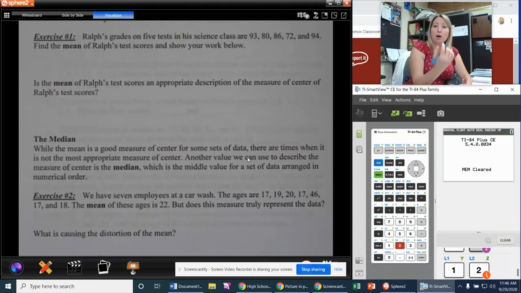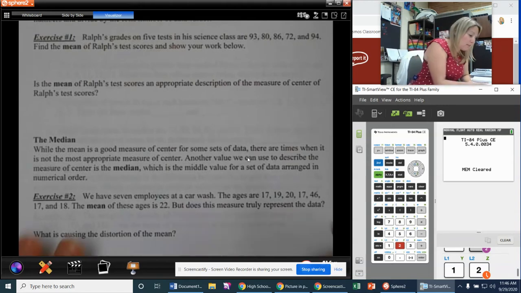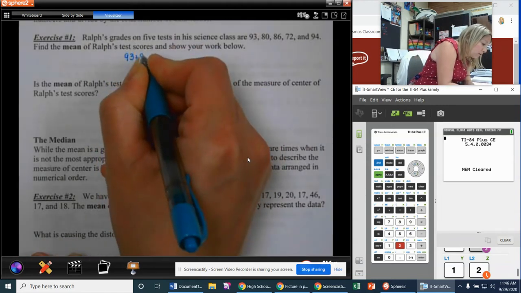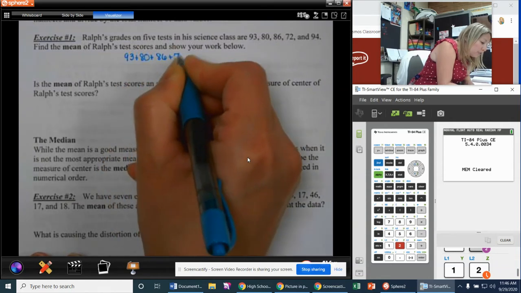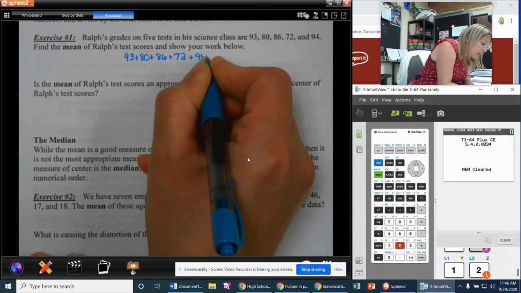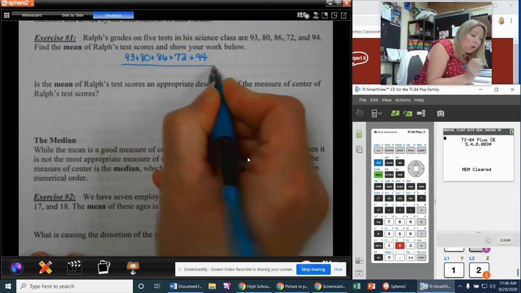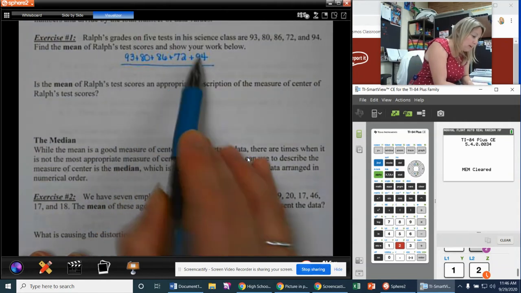I will show you how to write out your work here. You probably remember that to figure out an average, you add up all of your data values. Again, I will be using my graphing calculator, so just hang tight. Add up all of your data values and divide by how many total data values you're adding up, which is 1, 2, 3, 4, 5.